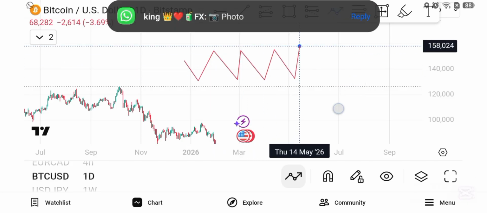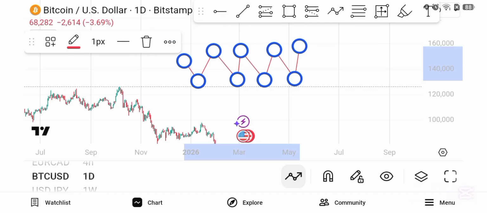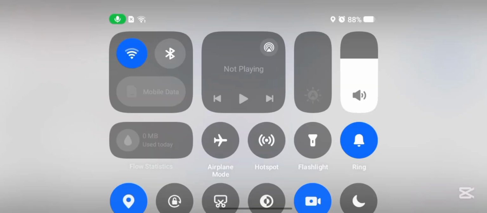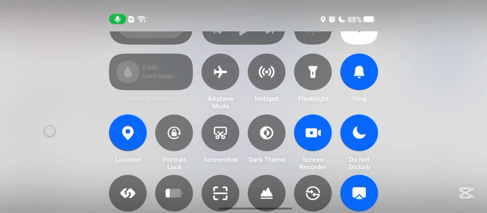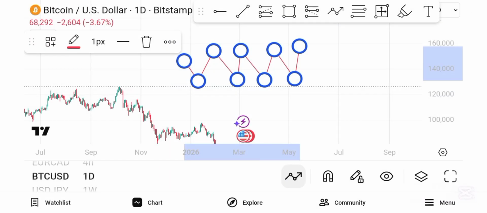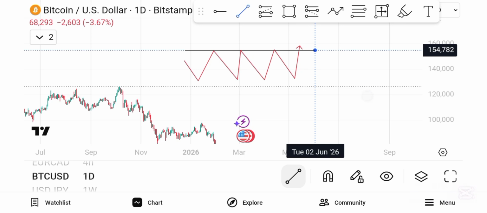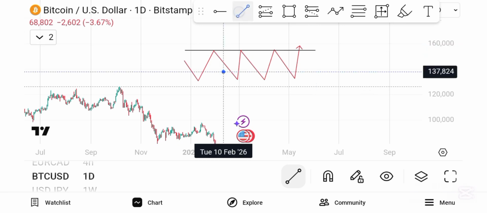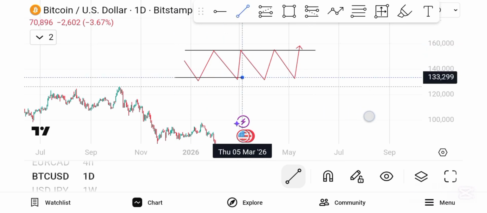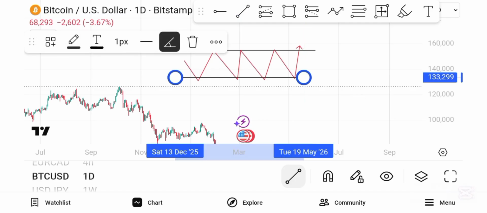You can only mark out the resistance level, sorry, and the support level in a ranging market. This is only what you can mark out.